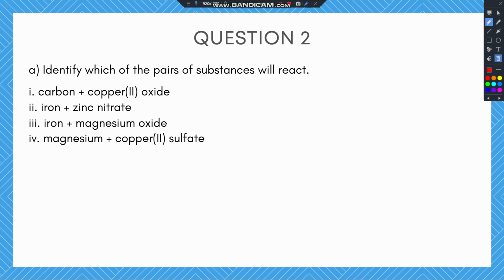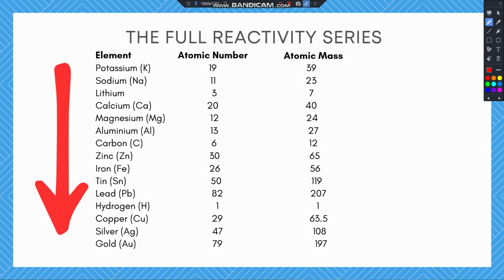Now we have the third reaction, which is iron plus magnesium oxide. We have iron standing alone, and the other element that is in a compound is magnesium. Let's find out which one is stronger between the two of them. On the reactivity series, we can see the position of iron to be over here. That's the position of iron.